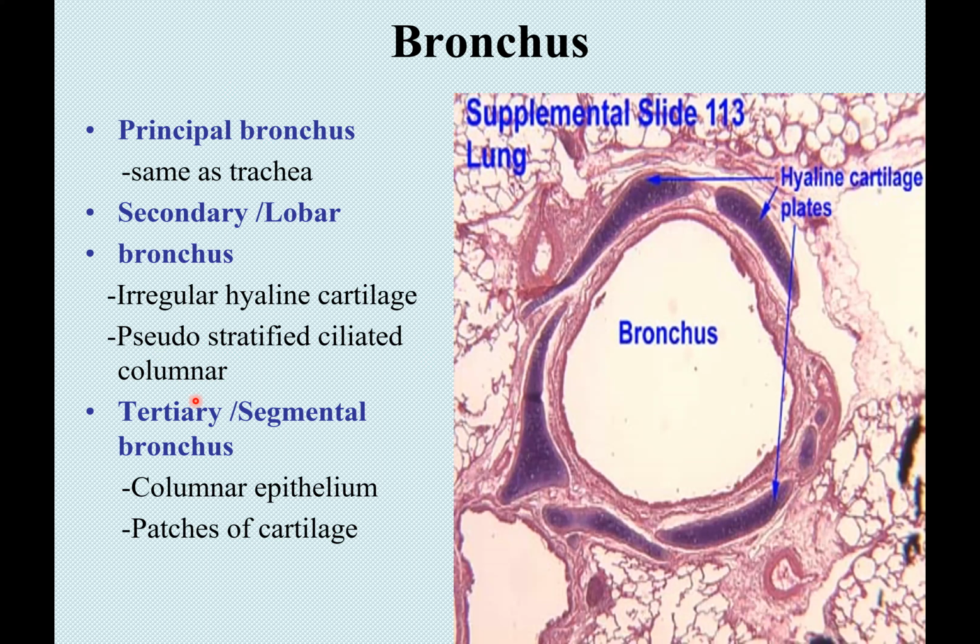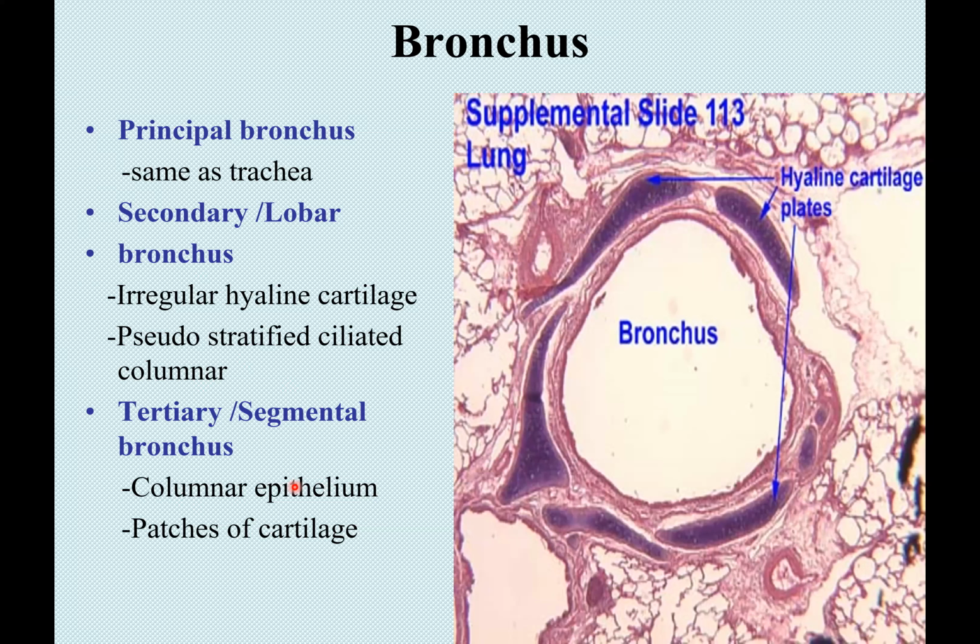But when you move from the secondary bronchus to the tertiary bronchus, something beautifully changes. What happens is that you have a change in the epithelium. Instead of pseudostratified columnar ciliated epithelium, you now have simple columnar epithelium. I hope you are getting the difference.